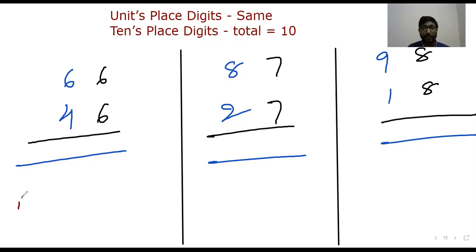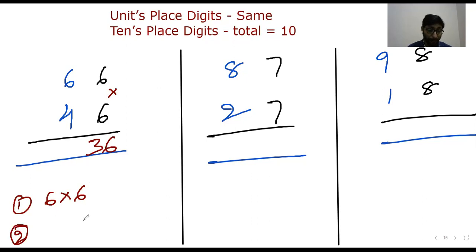Step 1. Multiply the units place number. 6 6s are 36. Step 2. Multiply the tens place number, 6 into 4.